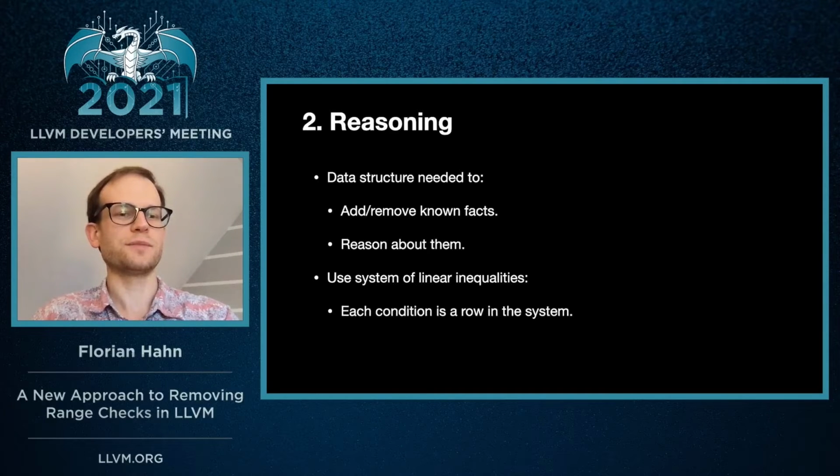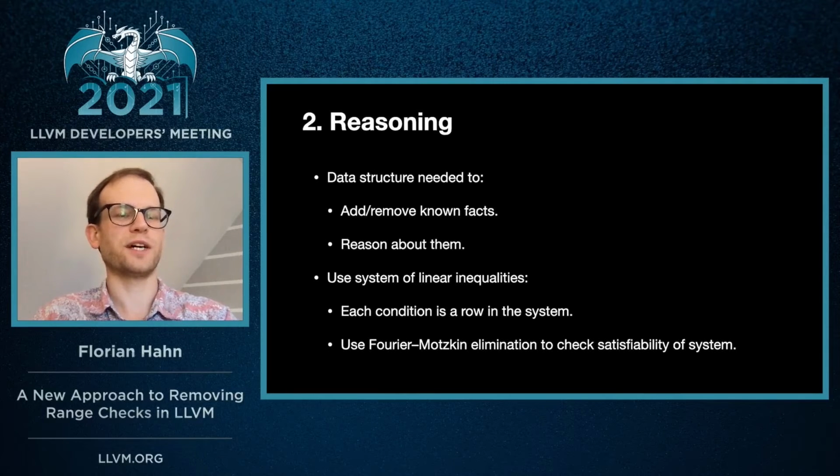In this system, each condition is a row in this system. And then we can use Fourier-Motzkin elimination to check whether the system is satisfiable or not automatically. Note that there are other algorithms that can be used to check this system, which could be implemented as extensions in the future.